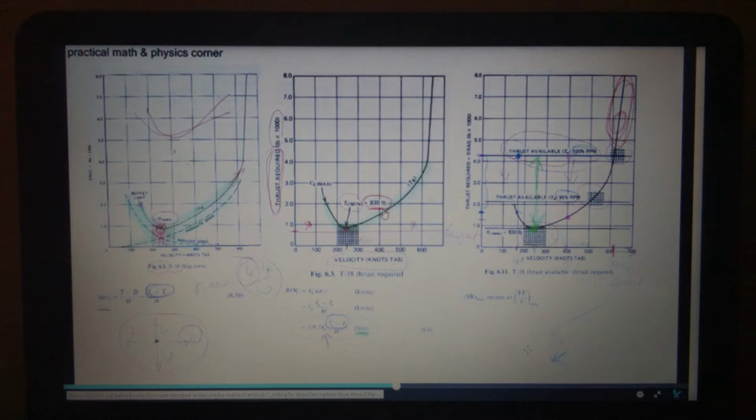I just want to mention it here, because the rate of climb is dependent on excess power, and we don't have excess power easily available from the thrust curves. So there is some advantage and also some disadvantage to doing it that way. However, we will stick with what the book is doing to keep it consistent with what you're reading there.